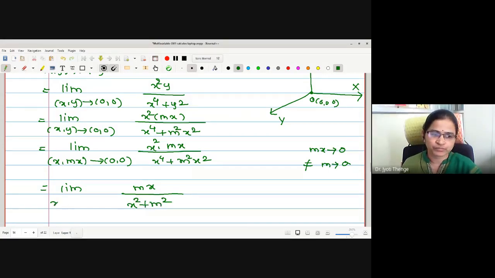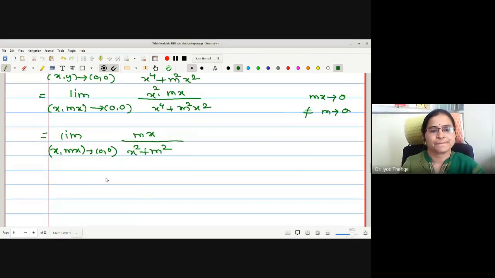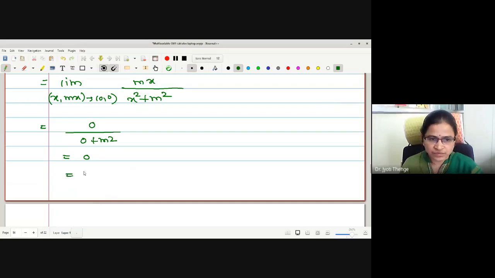Correct, na? Now let me put the limit x tends to 0. Numerator is 0, denominator is x, which is 0, plus m square. Therefore, what is the value? Is it 0? And if it is 0, it is equal to f of (0, 0).